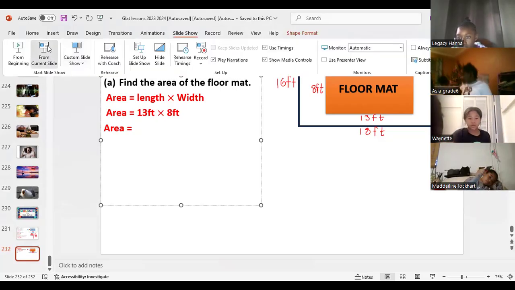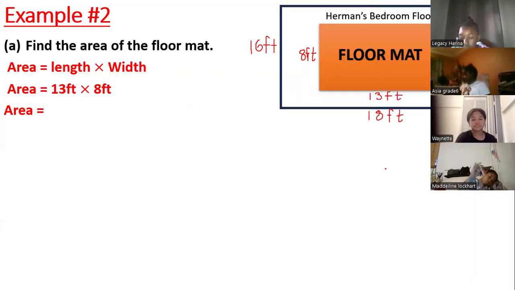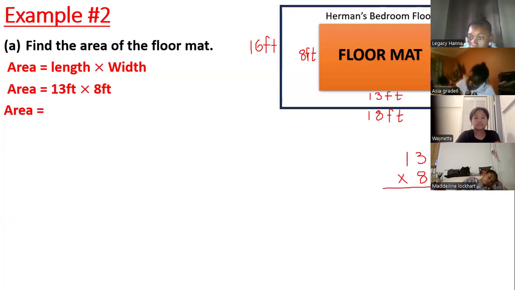So we have 13 times 8. 8 times 3 is what? 24.